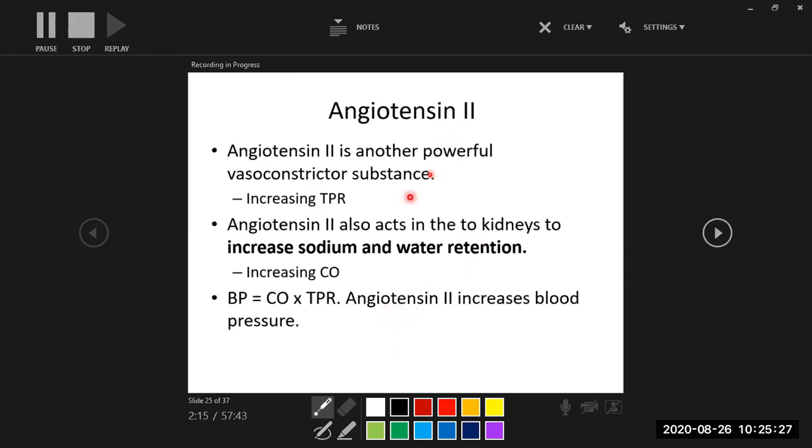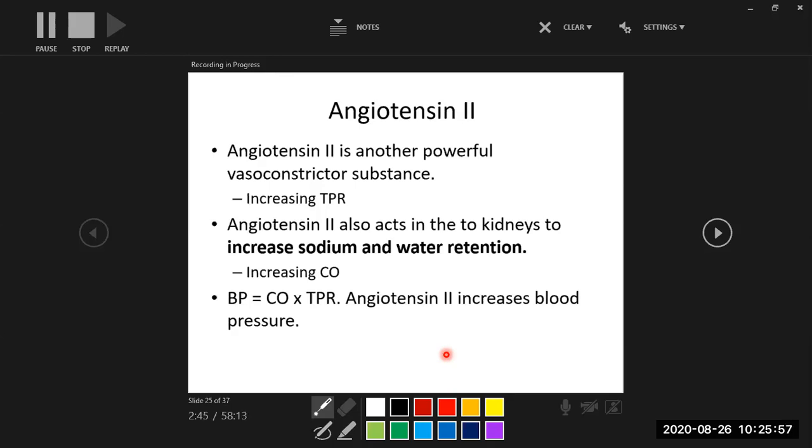And that's the reason that when we have hypertension patients, we can treat the patient through several mechanisms. A very common one is the beta blocker. We block the beta-1 receptor to prevent the sympathetic nerve from acting on the heart.